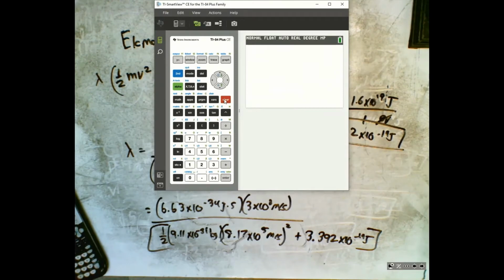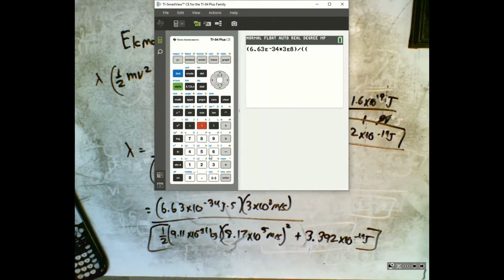I think I can do this all in one. We don't need a double bracket to start, we just need our top. So 6.63 times 10 to the negative 34 times the speed of light. And then on the bottom, we have to double bracket the bottom.